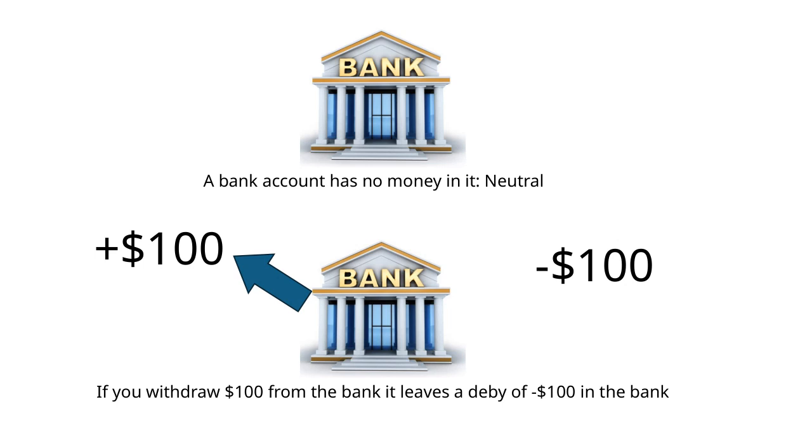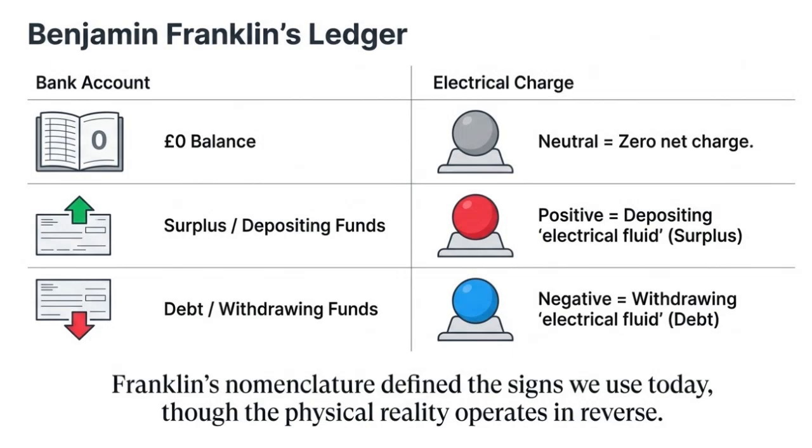Franklin adopted these ideas to explain static electricity. Here, we see a comparison between a bank account and electrical charge inspired by Benjamin Franklin's approach. Just like a bank account can have a zero balance, surplus funds, or debt, electrical charge can be neutral, positive, or negative.